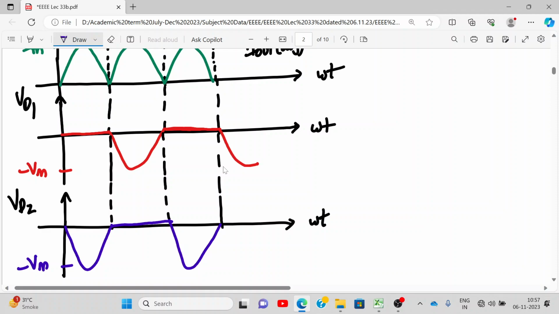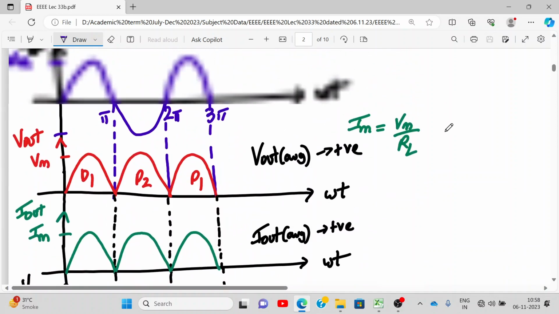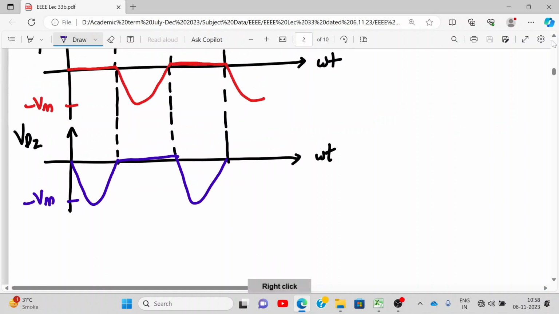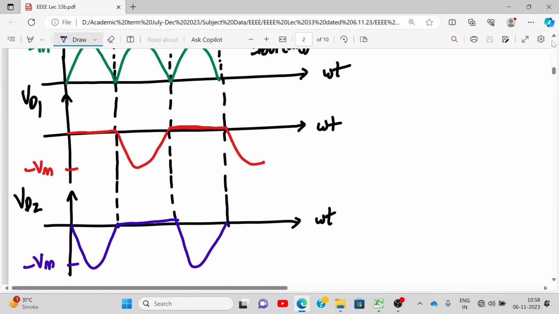So if I look at the PIV rating of the entire circuit, what will it be? Is it Vm or 2 Vm? Both the diodes collectively together: 2 Vm. Why? For the entire half cycle, it will be 2 Vm. Got it? So these are my input and output waveforms for a full wave center tap rectifier.